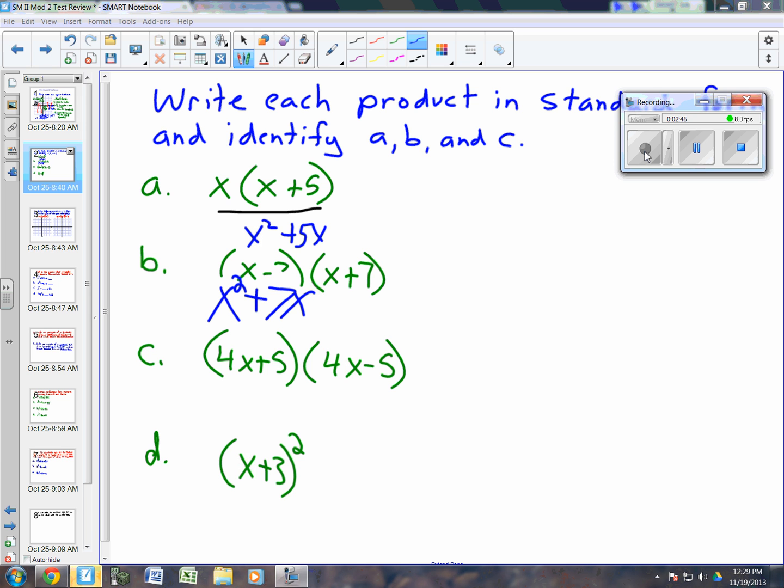And then you're going to times the negative. What was that number you erased? Was it a negative 3? Negative 3 times 7. Negative 21. Combine like terms.